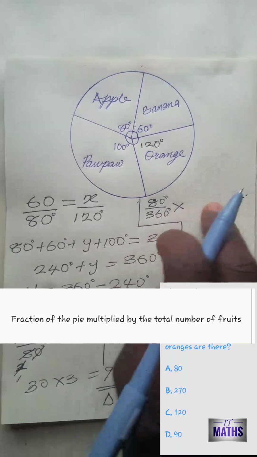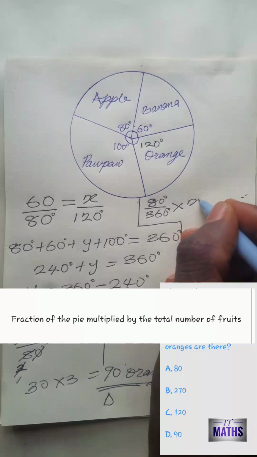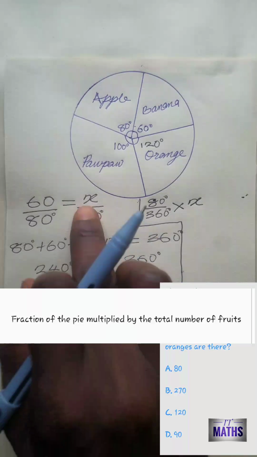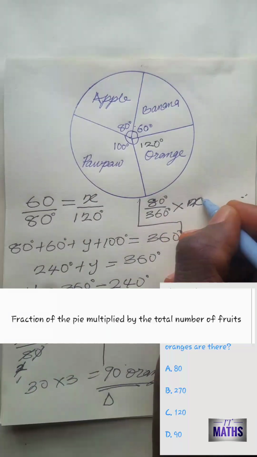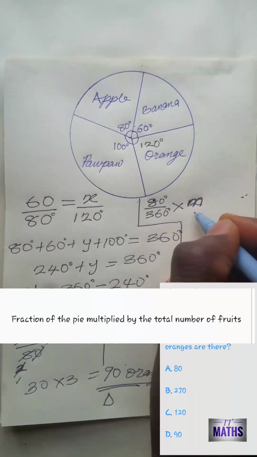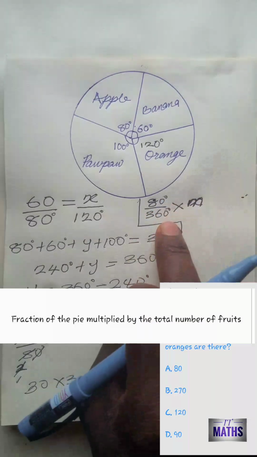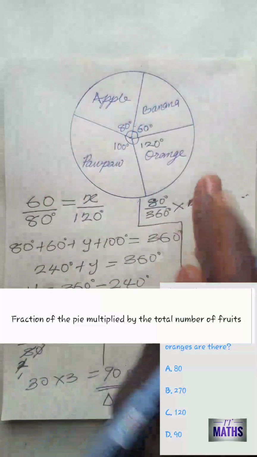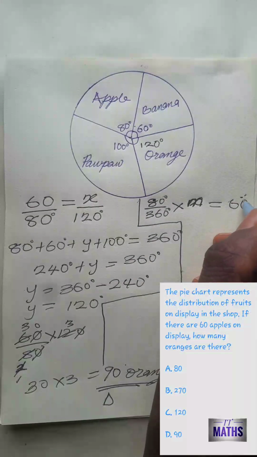I'm going to multiply that by the total number of fruits, which I don't know. Maybe I should use another letter since we already used x here. Let me call that m, total number of fruits. If I multiply this, if I find 80 divided by 360 times the total number of fruits, I should have what? Number of apples.